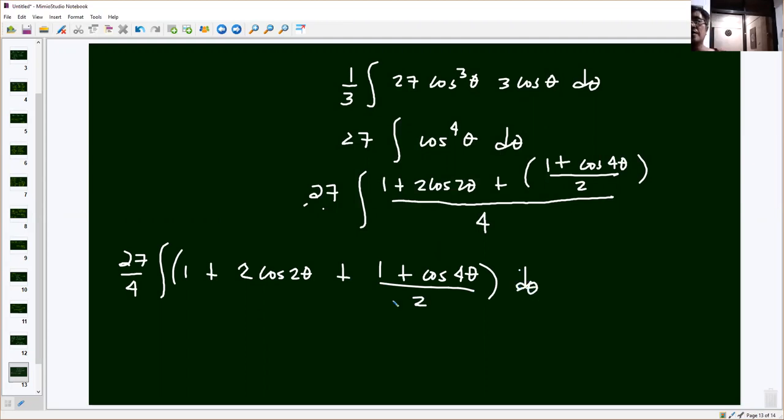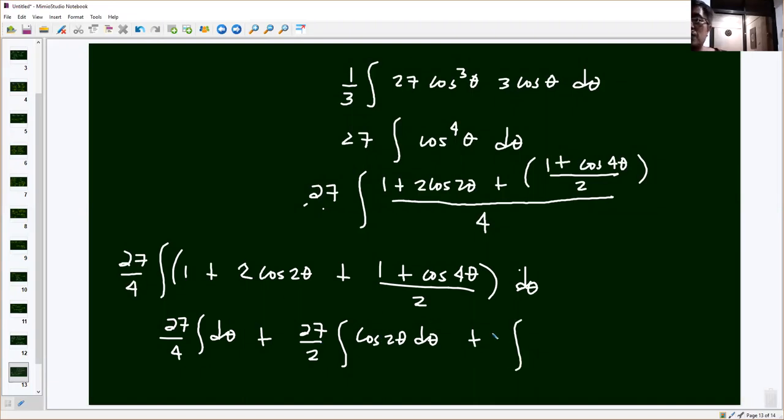Right? Okay, now, isa-isahin natin. 27 over 4 integral d theta plus 27 halves integral cosine 2 theta d theta, there, plus 27 over 8.